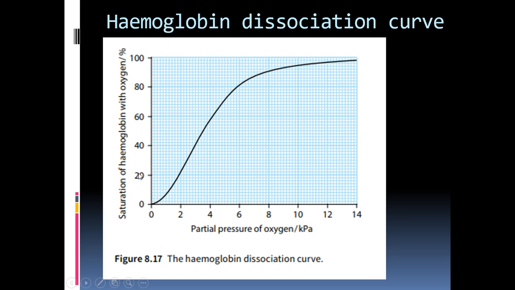Why? Because hemoglobin will release the oxygen it is carrying to the respiring tissue for them to carry out aerobic respiration. So the whole thing correlates perfectly with the scenario going on in the lung as well as in the respiring tissues of the human body.